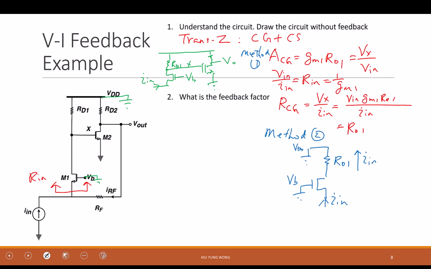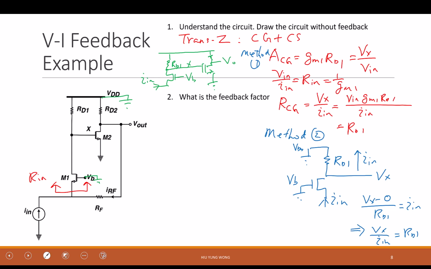If you just draw the small signal, all the I in will go through RD1. And then what is Vx? Vx minus 0 divided by RD1 must equal I in. Just Ohm's law. Why is this 0? Because it's VDD, AC ground. So as a result, Vx divided by I in equals RD1. Same.